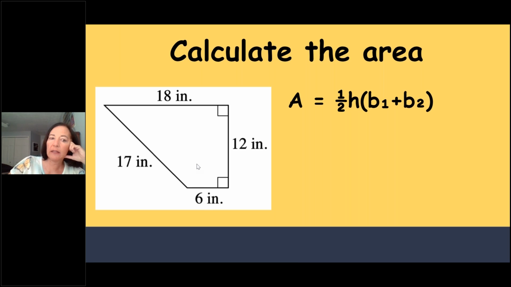In my brain, I say, gosh, if I add 6 to this 6 inches, I get to 12. If I subtract 6 from 18, I wind up at 12. So I would take the base measurement of 12, which is the average or the halfway point, multiplied by the height. But Tashana, if you prefer to use the formula, I've got it on the screen, or you could use my logic. Go ahead and calculate the area of this trapezoid.